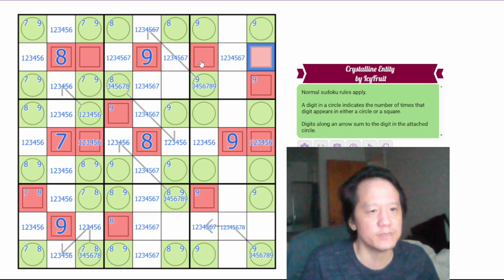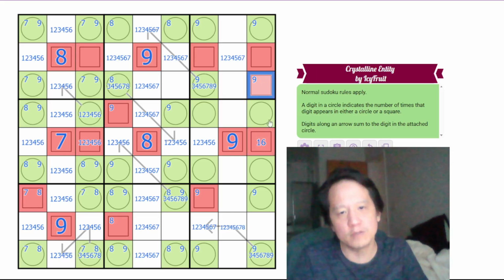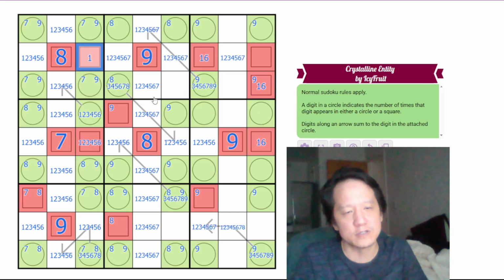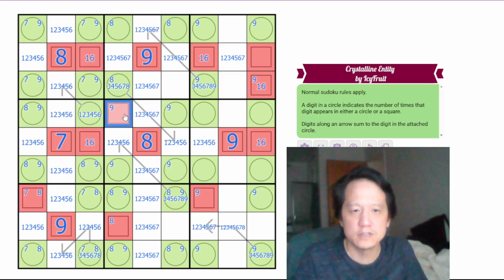If you try to make this 1-6 and that 1-6 with a pair, the problem is you are guaranteed to lose 2 digits if that's the case. So if this were 1-6, obviously one of these would have to be 1-6, so you're losing 1 then. But then one of these also has to be 1-6. So therefore, if you tried 1-6 by itself, all of these are 1 and 6.